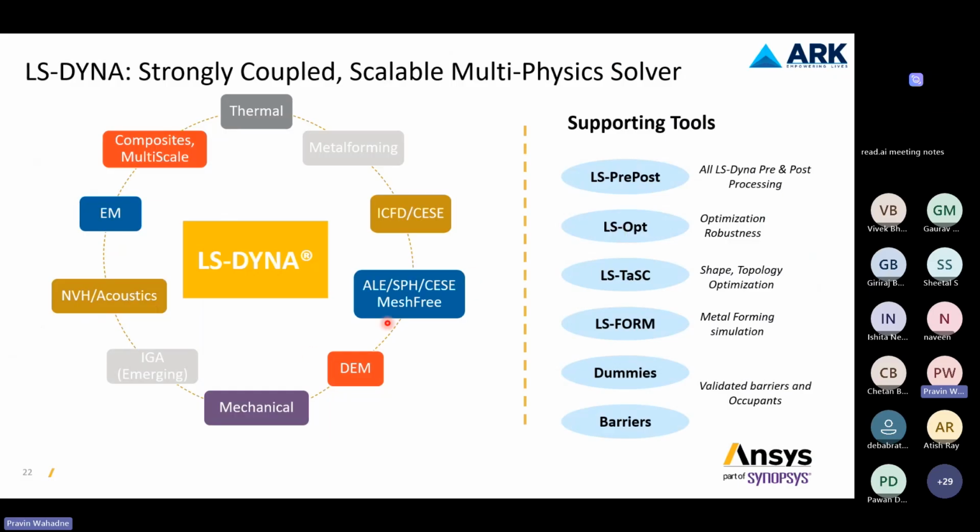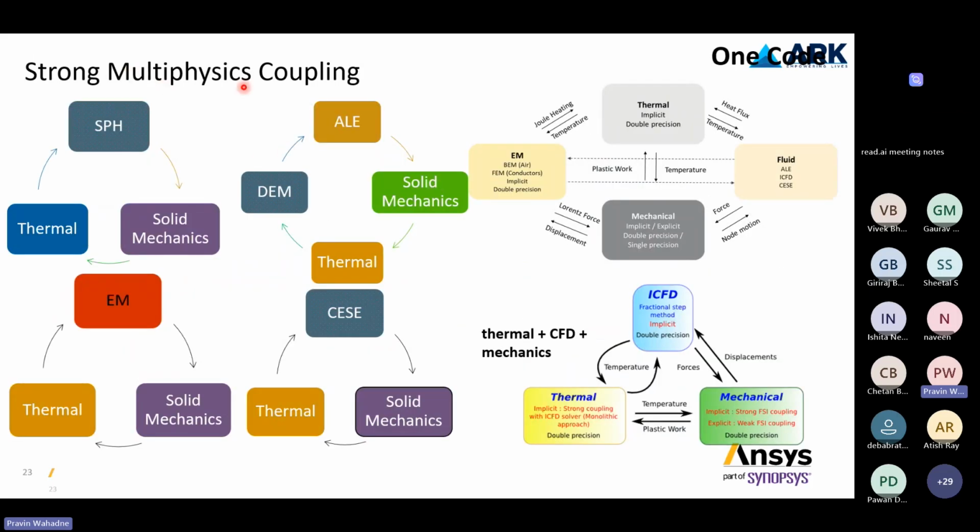And this is again the coupling, the multiphysics solver, which we have discussed earlier. This is strong multiphysics coupling, where thermal and solid mechanics data can be transferred, or we can say they can couple to each other, like SPH with solid mechanics and thermal, ALE with solid mechanics and thermal. All these have coupling capabilities to carry out multiphysics simulation.